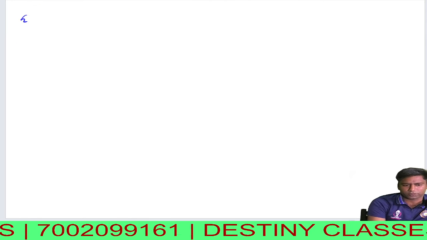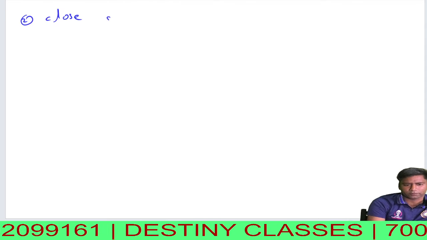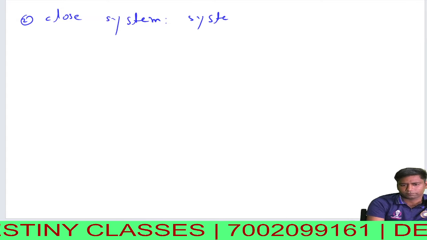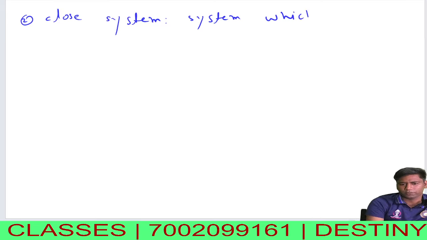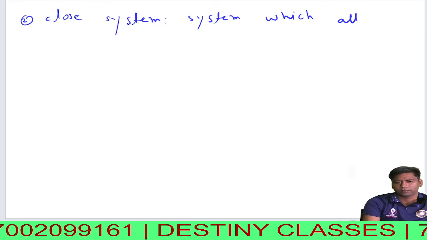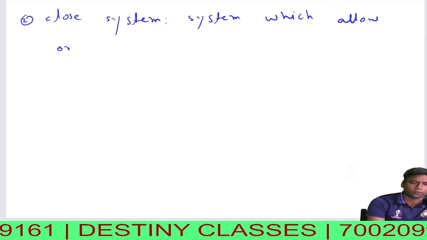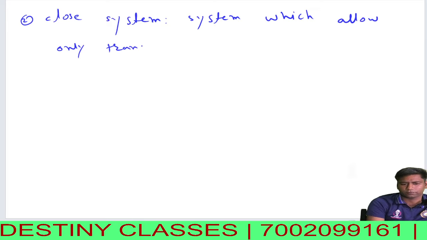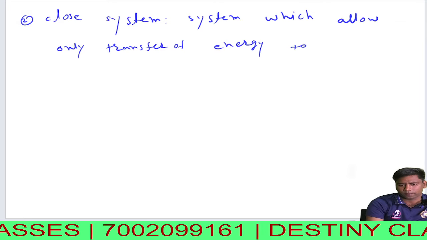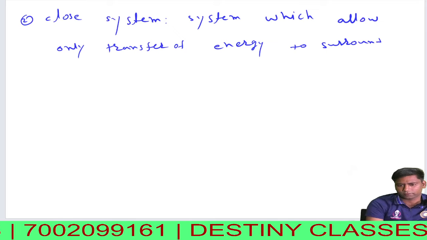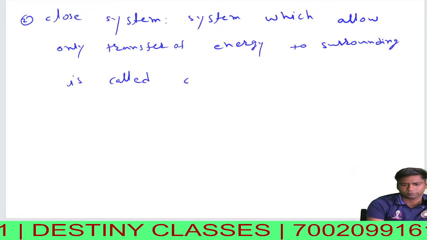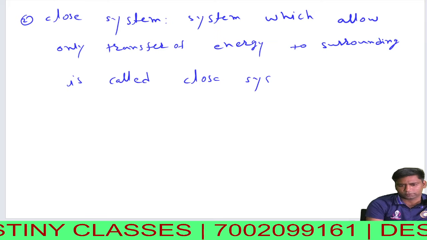Second, we will study the closed system. A system which allows only the transfer of energy to the surrounding is called a closed system.